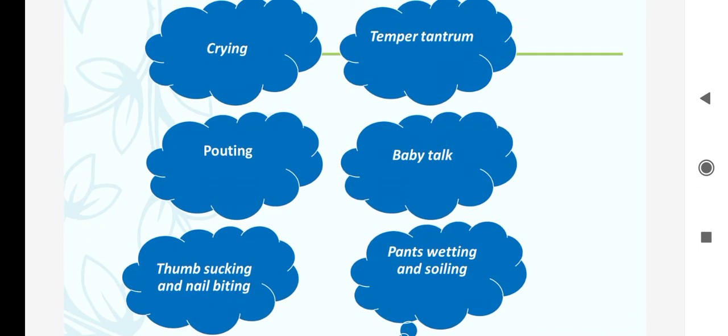So this basic dependence behavior shouldn't happen in school, because this behavior shows that these children are not ready for school yet, and normally it's not happening for preschool children.